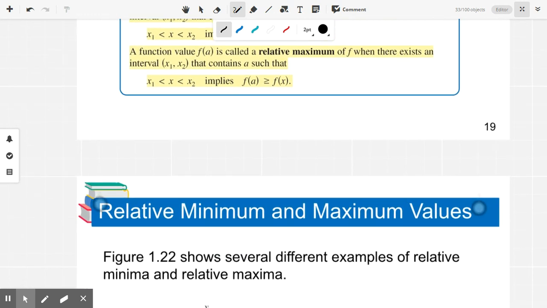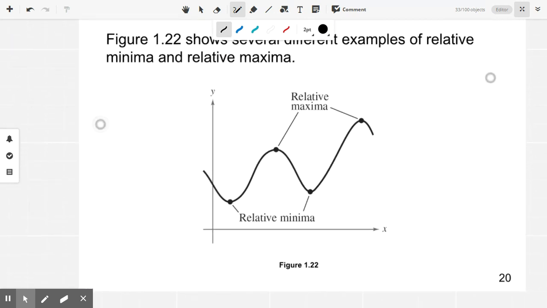Relative minimum, relative maximum simply means this right here. On this interval between here and here, this is the lowest point, so this is considered a relative minimum. Basically, the bottom of the curves.